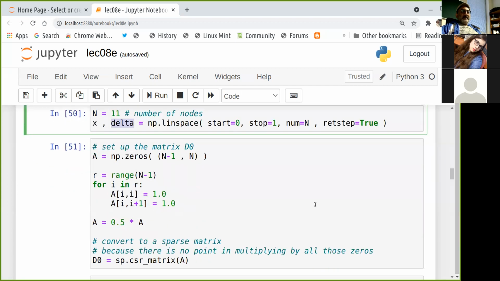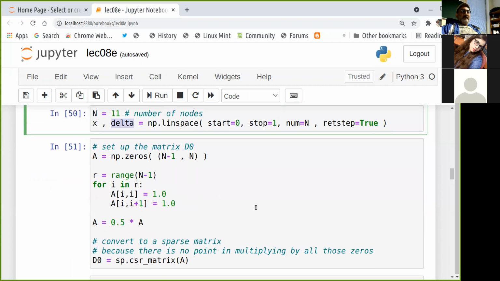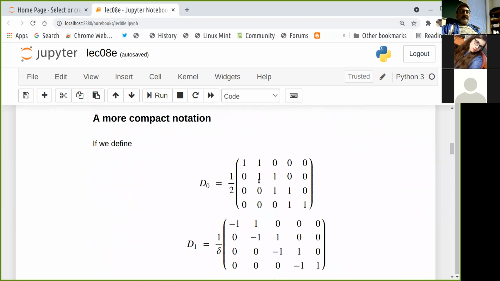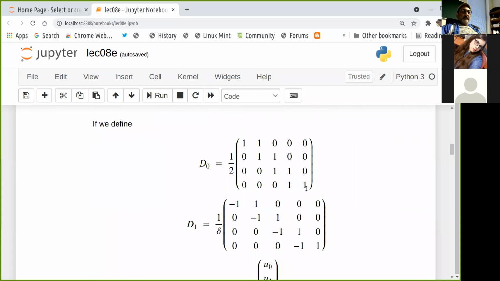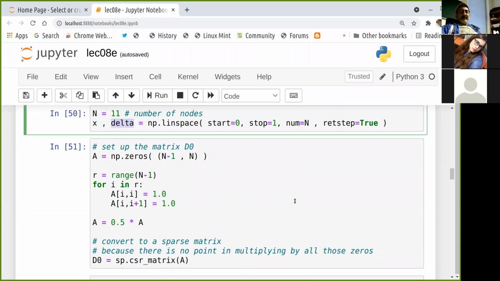Okay, so this matrix D0 is n minus 1 by n. It's mostly 0, so I'll set it up first as zeros, and then the values here which were supposed to be 1s, I do a for loop, and I set those up as 1s. So now I've set up the dense matrix. I don't want that. I want the sparse matrix. Just before you do that, you're multiplying by a half. That gives you D0 as a dense matrix. But I would like to set it up as a sparse matrix.